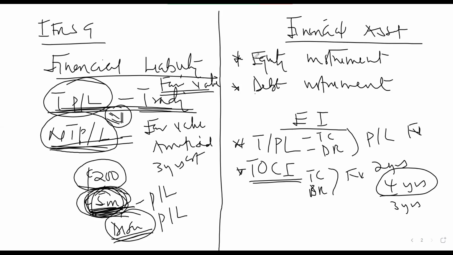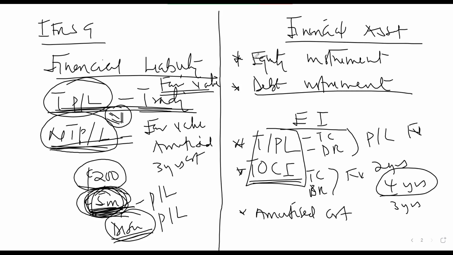If it is debt instruments, how do we also classify? The classification is the same as these two, but we add another one, which is the amortized cost. The instrument that will be carried at amortized cost is the instrument that the company is willing to hold up to maturity.